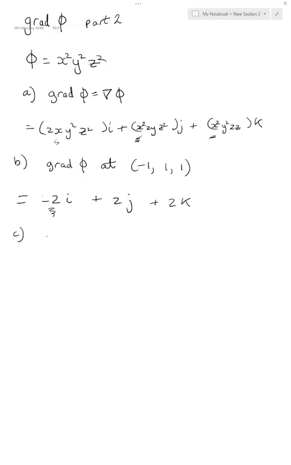Part C might be perhaps to find a unit vector in the direction of this. By this I mean the solution to B, the grad of phi at minus 1, 1, 1. So how do we find a unit vector? Well, to find a unit vector we need to find the modulus of the vector, and then we simply divide by that. And we find the modulus by using Pythag.